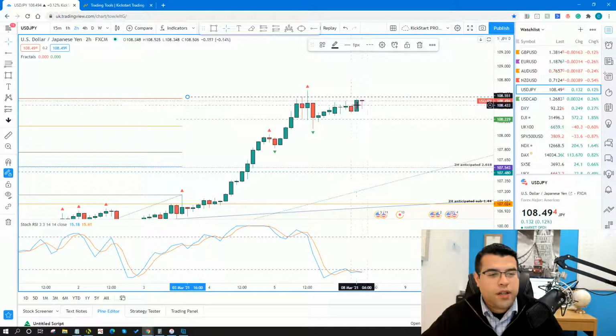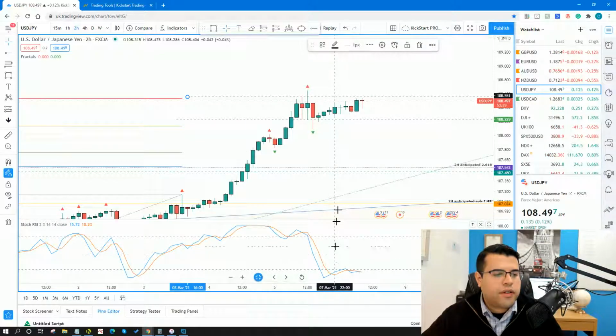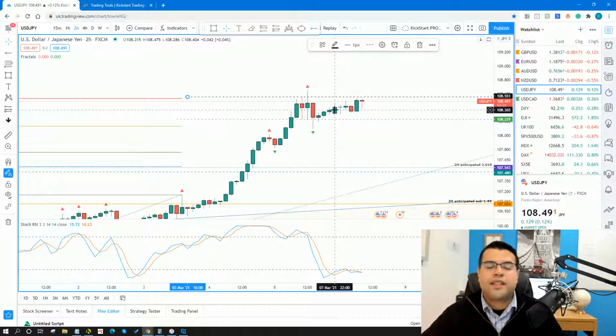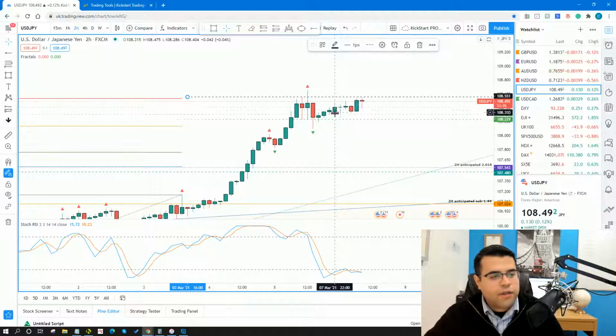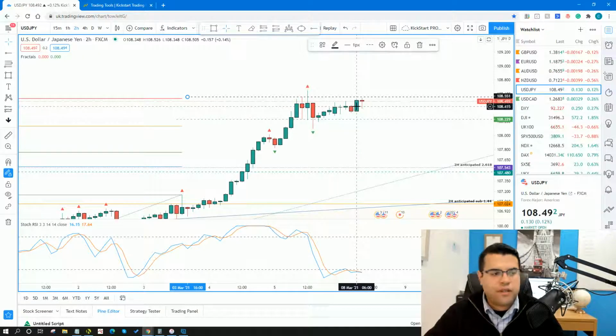So I'm a little bit close in terms of how that goes. But if you look at where the cross actually occurred on the stochastic, I can actually use this candle right here, in which case I'm at 108.47, okay? So in that case, I am a little bit more in line with my rule of 10 pips, and so I'm actually technically going off of this candle and this candle, really.